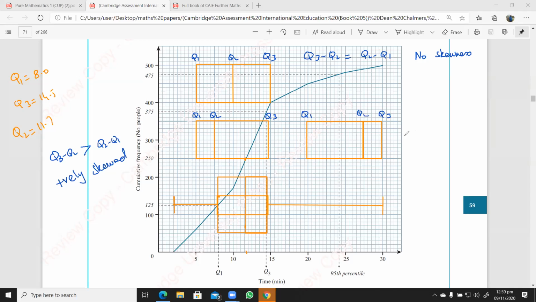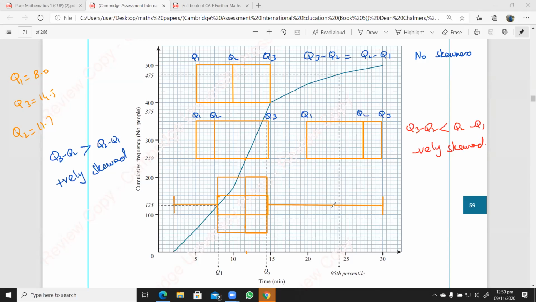And if you look at this case, your Q3 minus Q2 is less than Q2 minus Q1. So more values are towards the lesser side of the median. This means your data is negatively skewed.